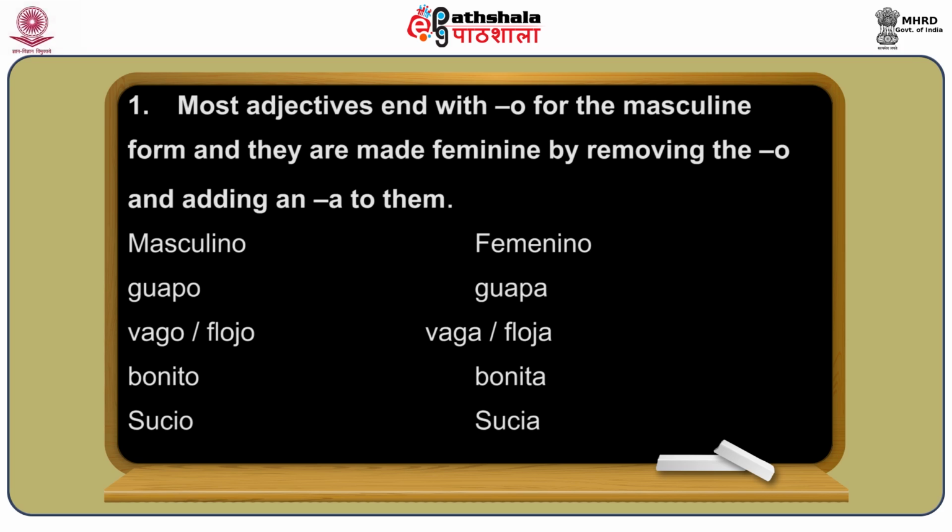And in the same way, bonito, meaning beautiful, and bonita is the feminine form. And sucio becomes sucia in feminine, meaning dirty. So we remove the o of the adjectives and add a to make it feminine.